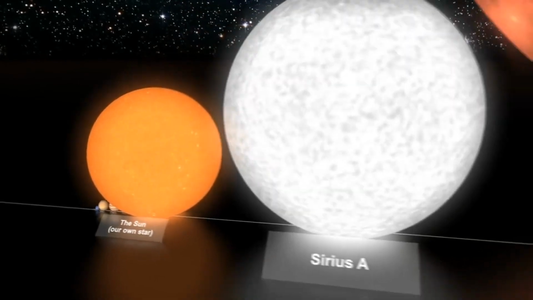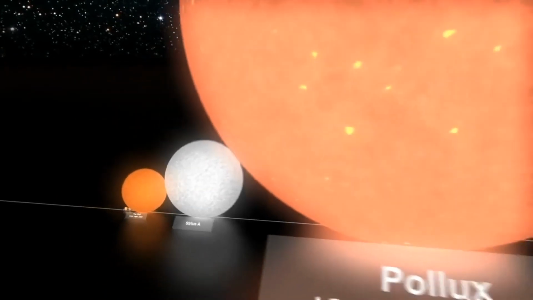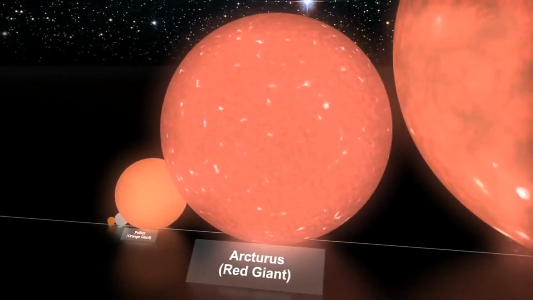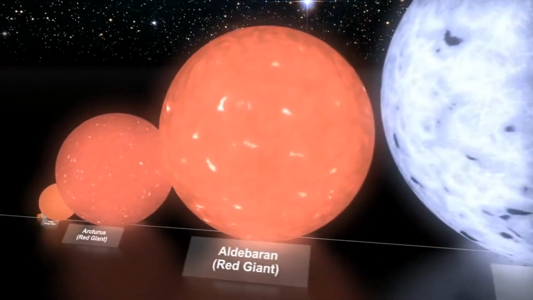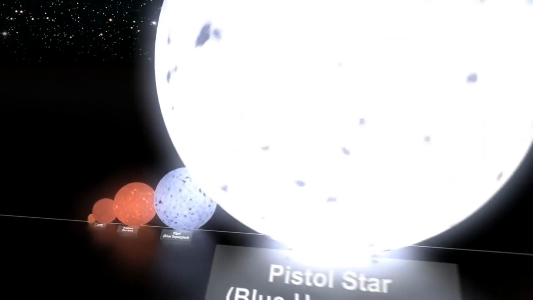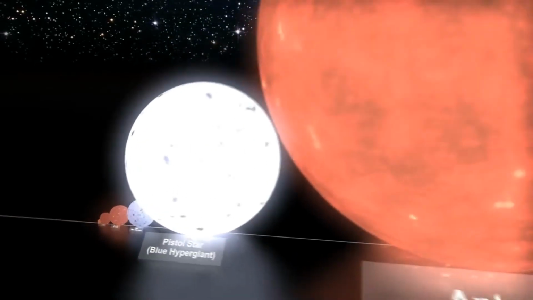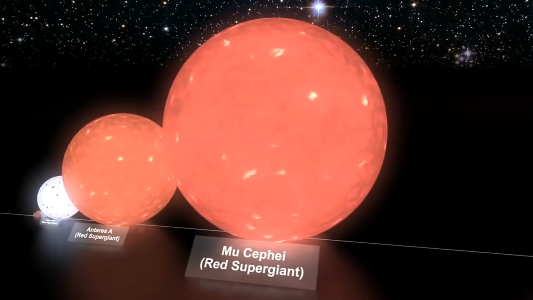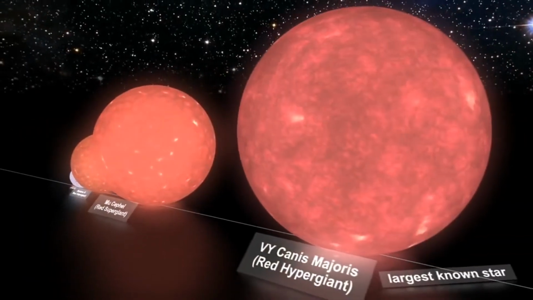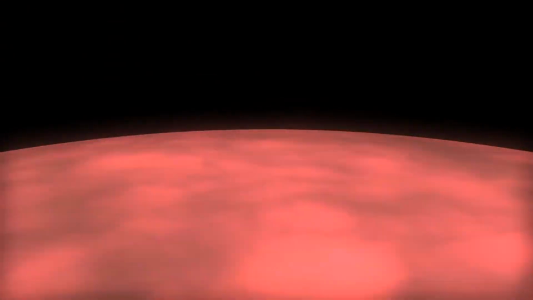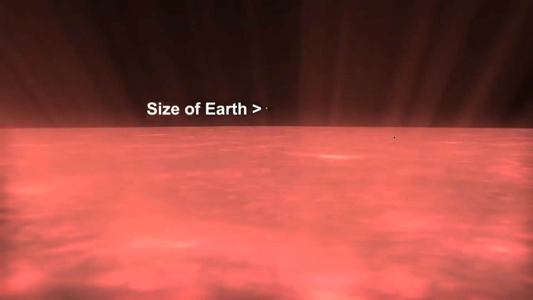But there are bigger stars. Yep, pretty big.